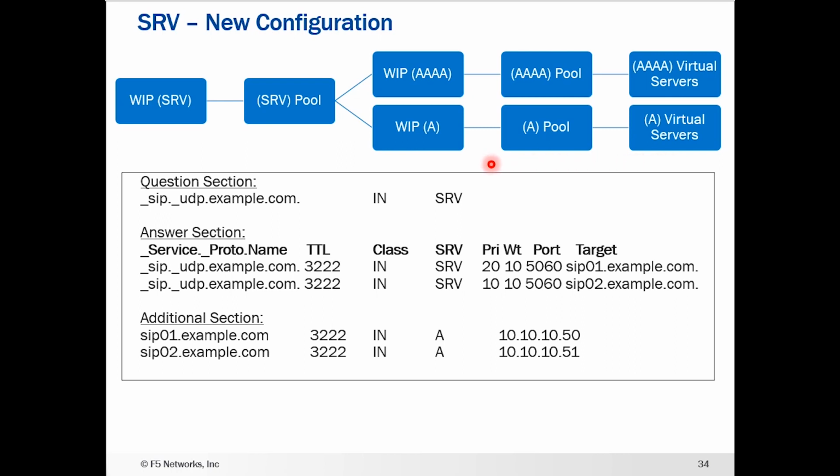You need to have your virtual servers and your pools in place that you can then associate to wide IPs, and then you can use those wide IPs in an SRV pool, and then you can define your wide IP of type SRV. In this SRV pool, you're going to define the names, in this case SIP01 and SIP02.